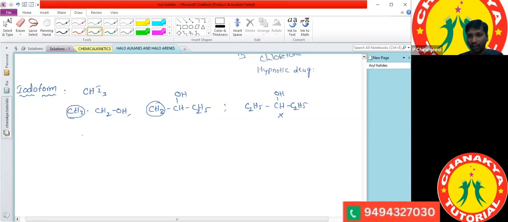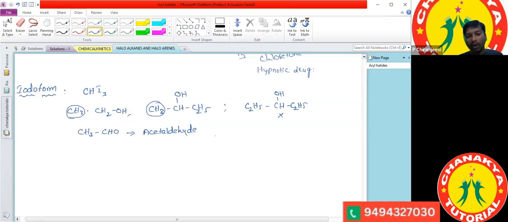And aldehydes also we are seeing. Acetaldehyde, CH3-CHO, is involved in the positive iodoform test. But formaldehyde does not give the positive iodoform test. Propanaldehyde, CH3-CH2-CHO, also does not.